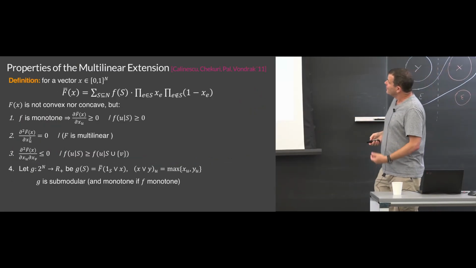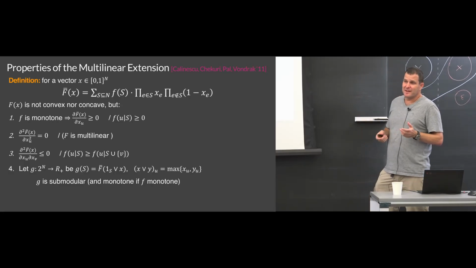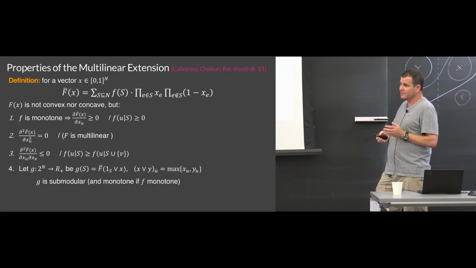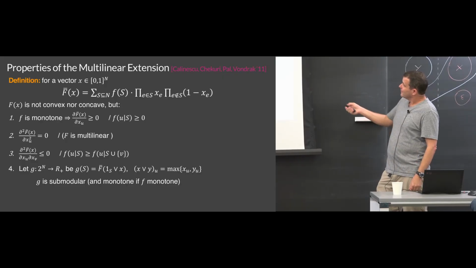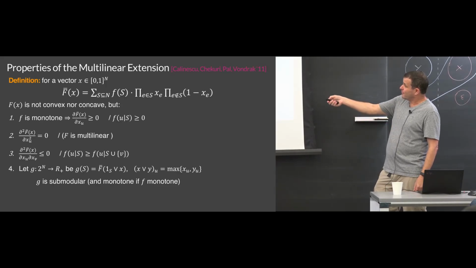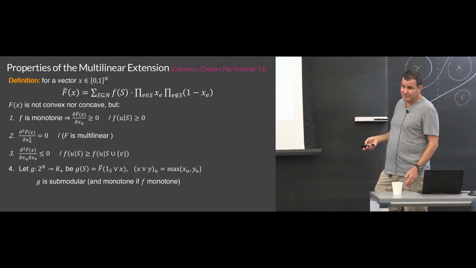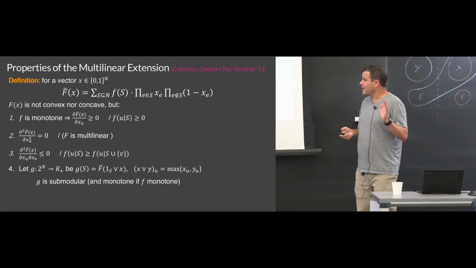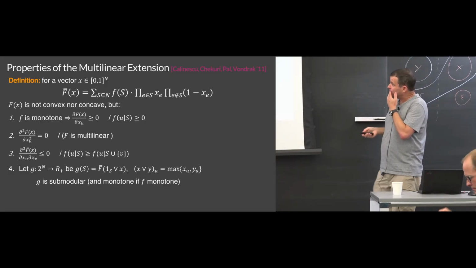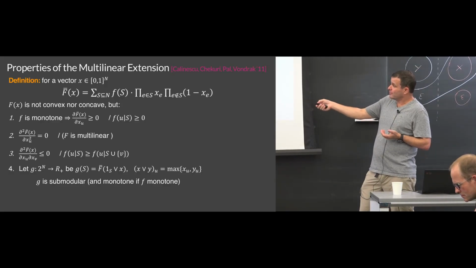Great. So the multilinear extension, I will not speak a lot about it, but it's very useful, and I will tell you just a bit of what I need for this talk. This is the multilinear extension. Sadly, it's not convex and not concave, but it has nice properties. First, if the function is monotone, then the derivative of the function is non-negative.